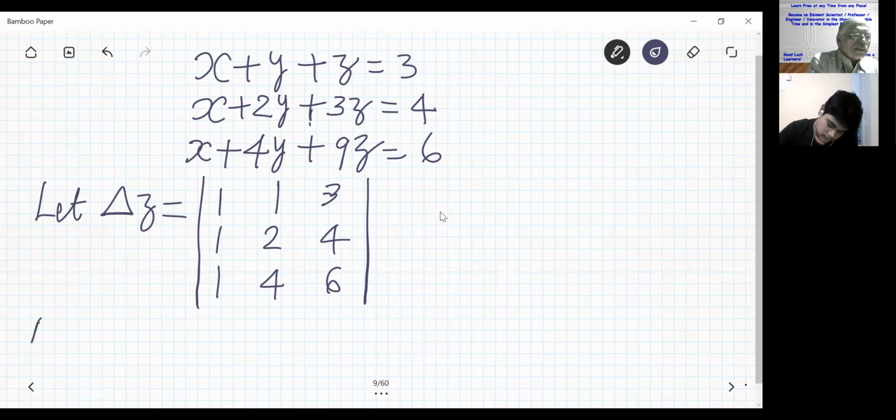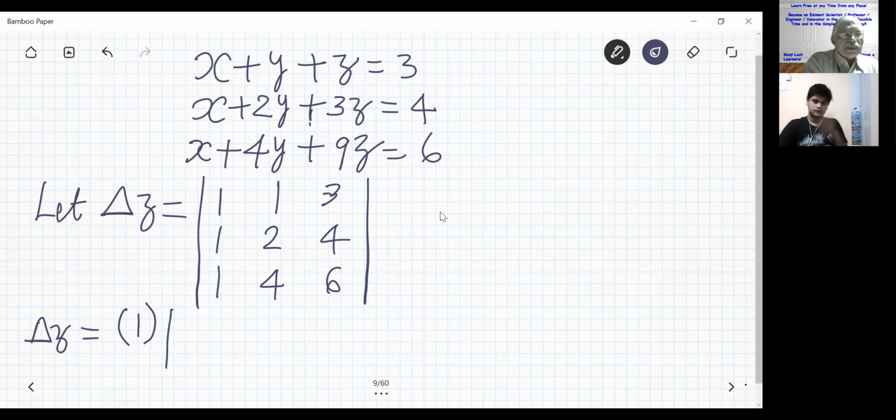So delta z becomes equal to, we write the first number which is in the first row and first column, and write the determinant obtained by ignoring the first row and first column. So we'll get 2, 4, 4, 6.